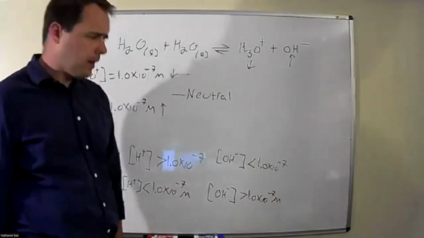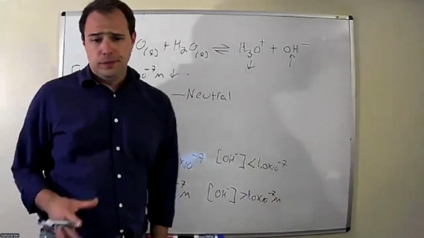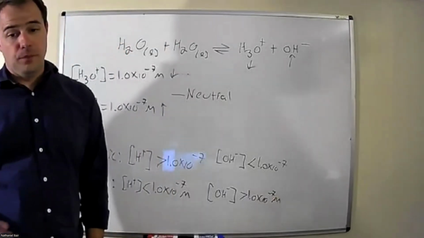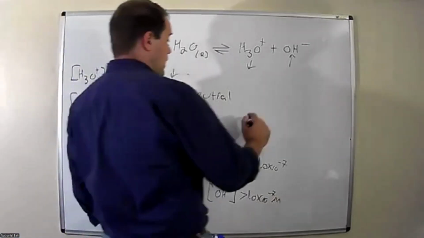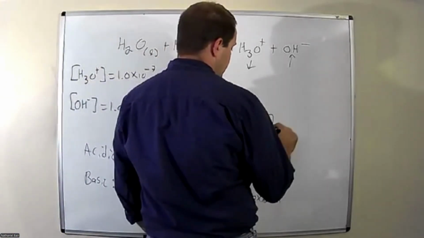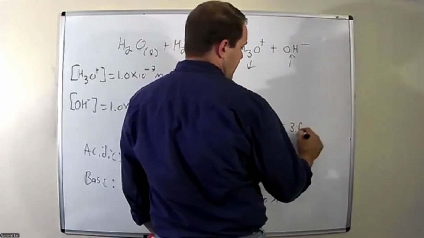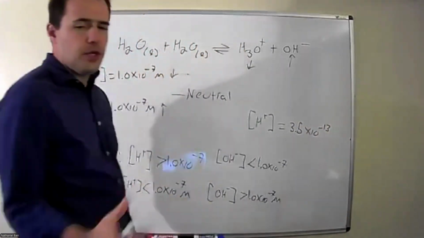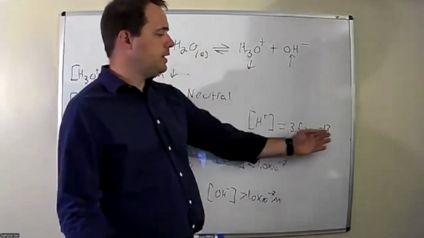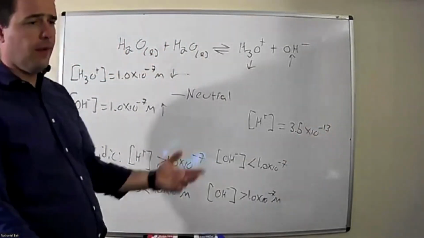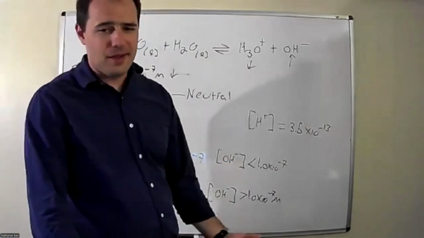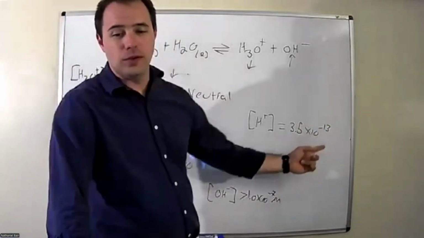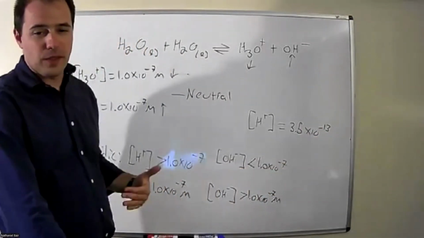Here's the problem. The average Joe does not understand scientific notation. So if I said to the average person, hey man, the hydronium ion concentration is 3.5 times 10 to the negative 13th, well, the average person out there is going to say, well, negative 13 is bigger than 7, that's acidic. That's not. Negative 13th is smaller than negative 7, so it's basic.